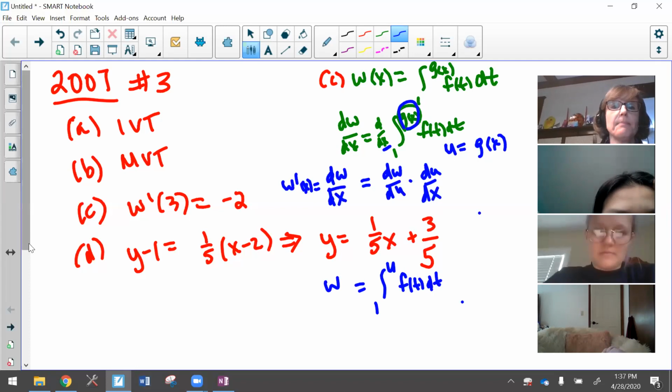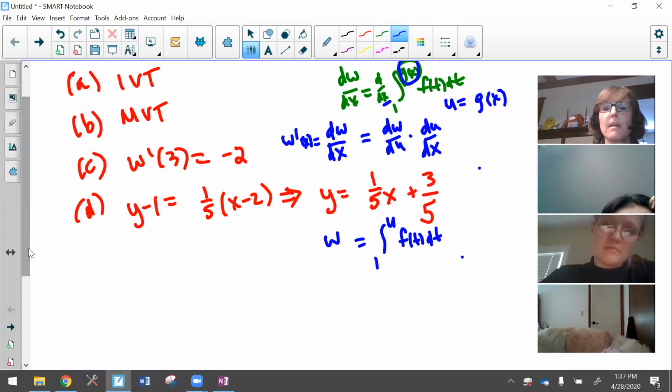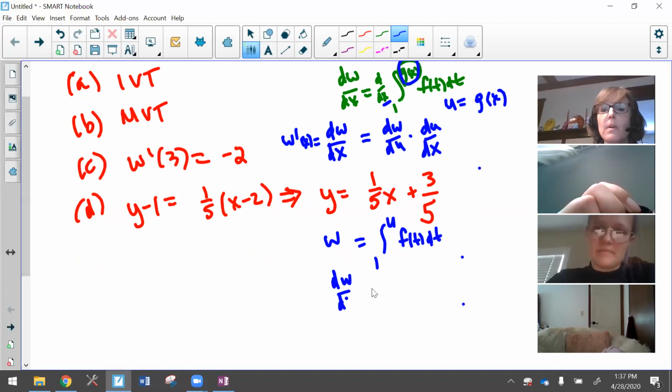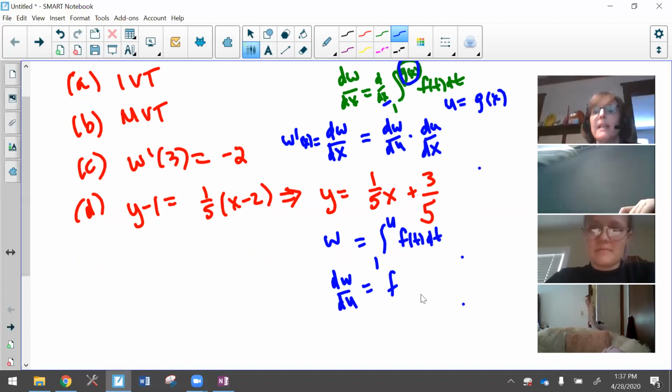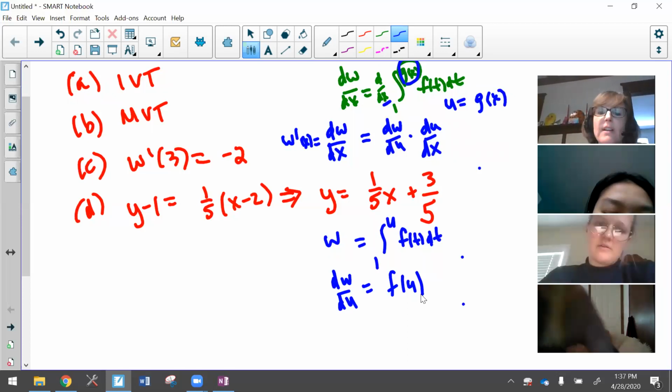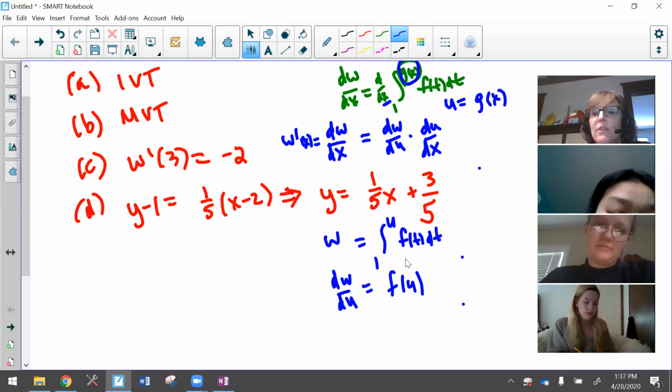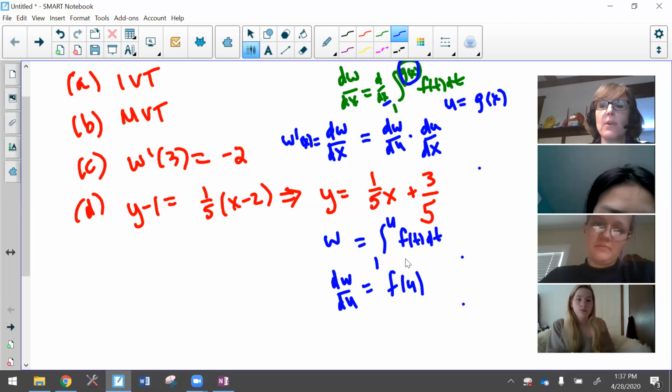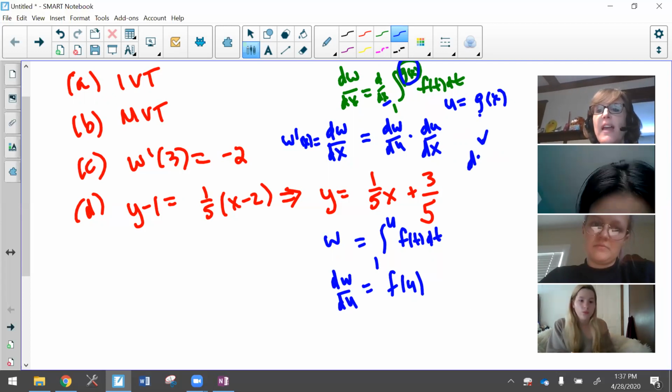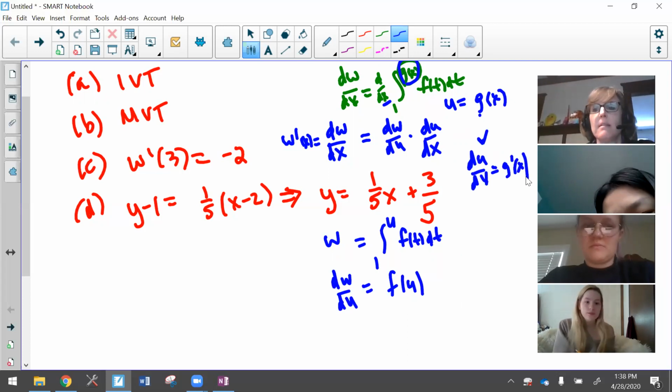Okay. So then dw du is going to be equal to f of u, because that's what the fundamental theorem of calculus says. When I take the derivative of this integral here, I get that integrand. And then, of course, I can say from here that du dx is going to be g prime of x.